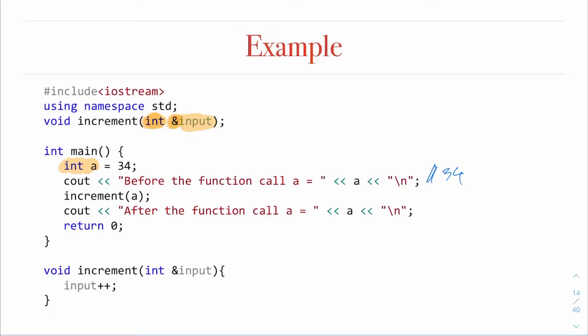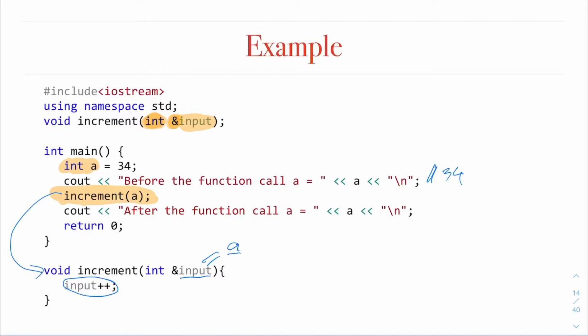Now you call increment a. When you activate the code here, the code will jump into this function and the input here will be initialized as a inside the main, right? And from this moment, input is bound with a. They bind together. So when you perform input plus plus, you actually increase a by 1 too.